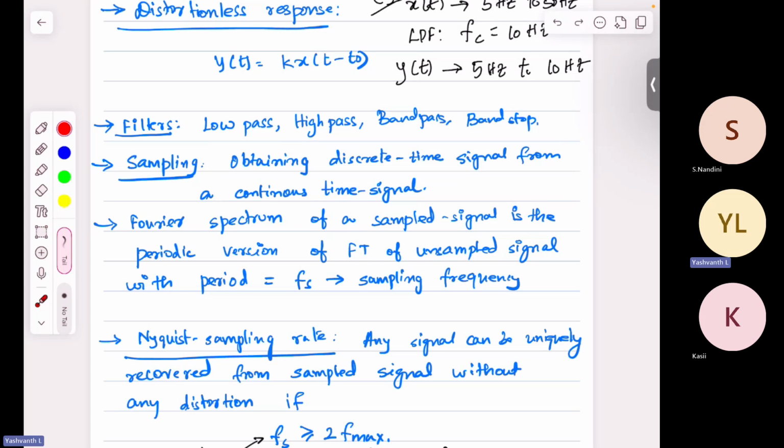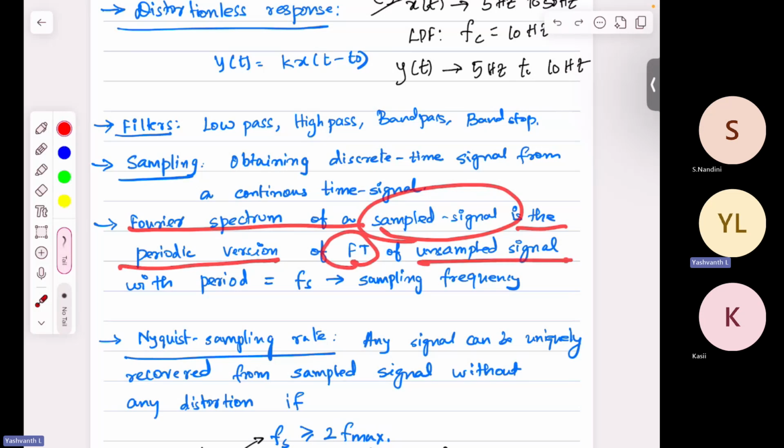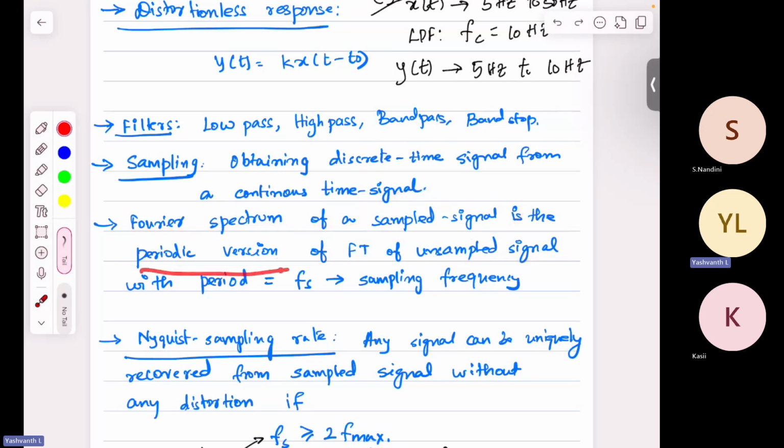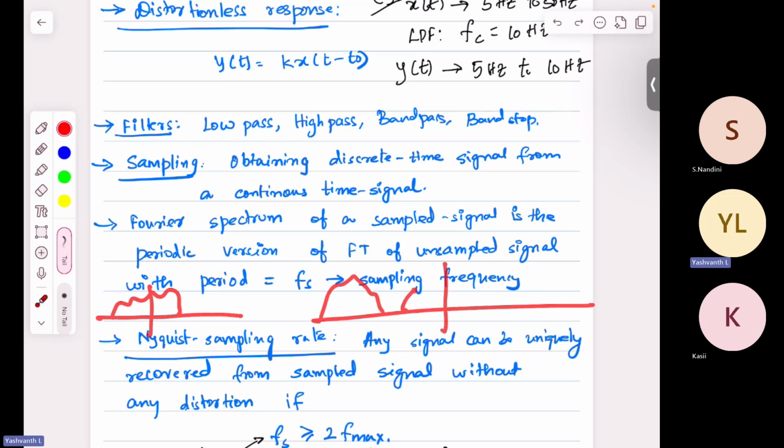And you can show that the Fourier transform of a sampled signal is the periodic version of the Fourier transform of the unsampled signal. And what is the period of the periodic version? Equal to the sampling frequency. What I mean by this is, let's say the unsampled Fourier spectrum was like this. When you sample the signal, the spectrum will repeat, with a period exactly equal to the sampling frequency with which you sampled your continuous time domain signal.